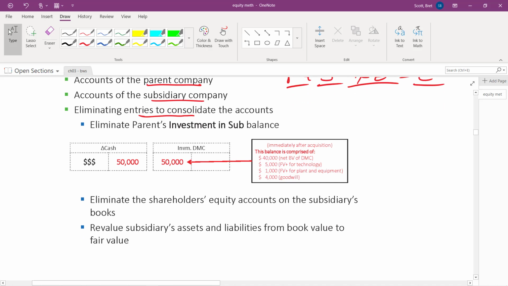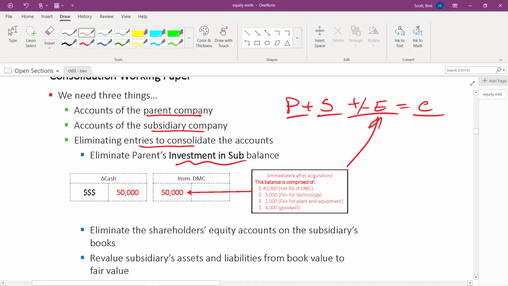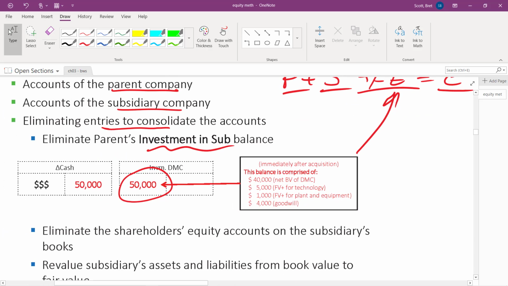Now remember that when we're looking at the investment in sub, one way to figure out what these elimination journal entries are that we need to worry about is to think about what's in the balance in the investment account. Realize that when we initially bought the subsidiary, there was a net book value of, say, $40 million. There were some fair value adjustments for technology and plant and equipment, and there was an ultimate goodwill portion.